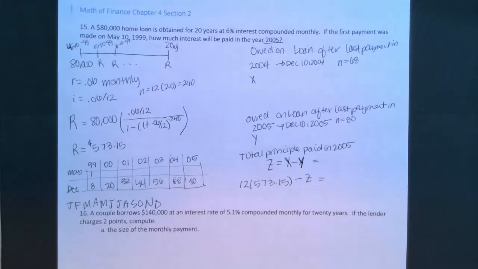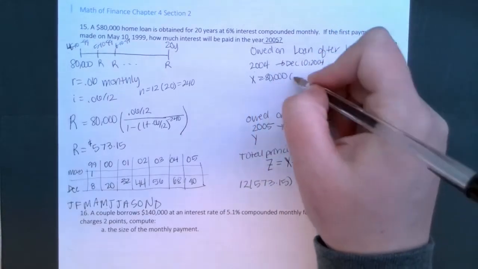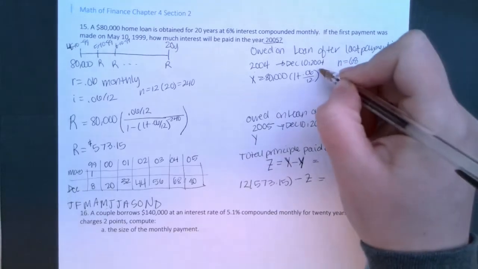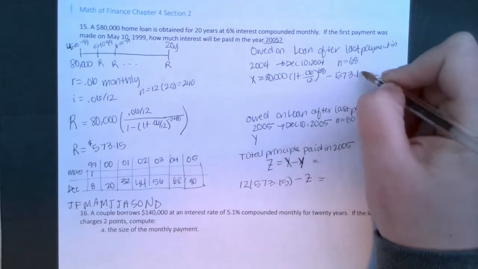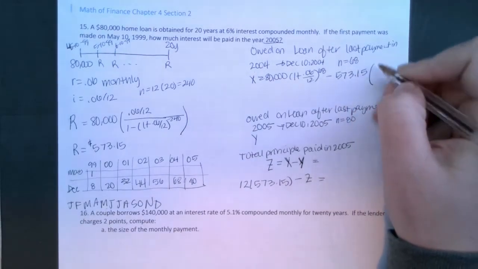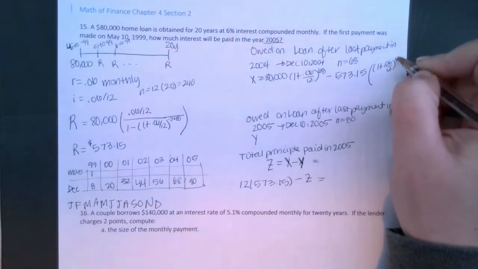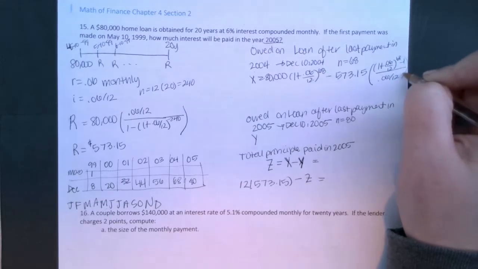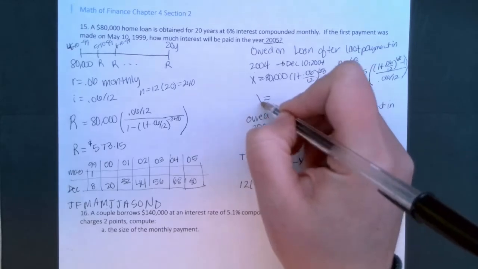So now we're going to use 80,000 taken forward 68 periods with that interest rate of 0.06 over 12, and subtract that from the payments made so far. Remember, this is S sub n right here. Okay, here they're going to match, so it's that 4.1 formula, because we're just trying to find what we owe so far.